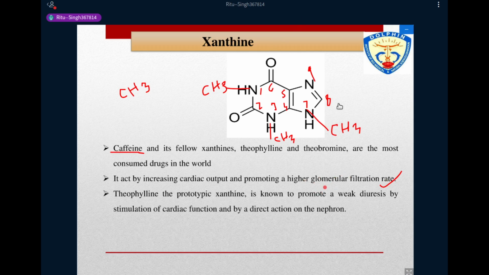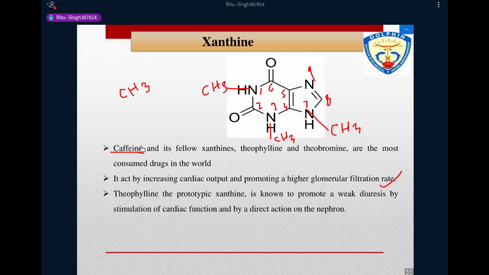From this part, electrolytes, glucose, bicarbonate, and sodium ions are filtered. So these drugs act at this place. Theophylline, the prototype xanthine, is known to promote a weak diuresis by stimulation of cardiac function and by a direct action on the nephron. So these drugs have weak diuretic actions.